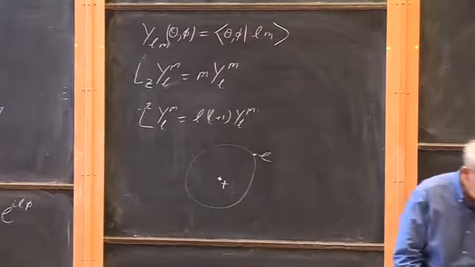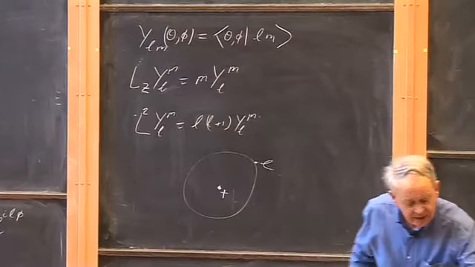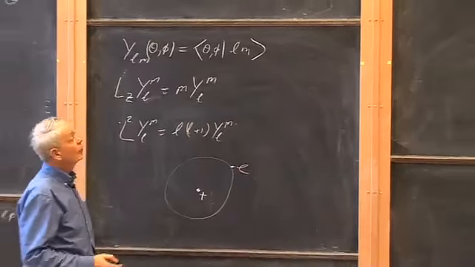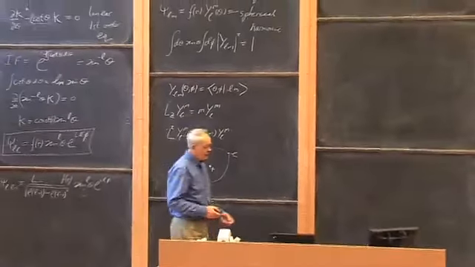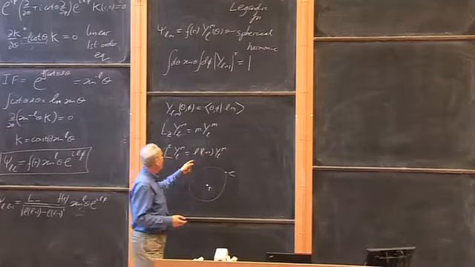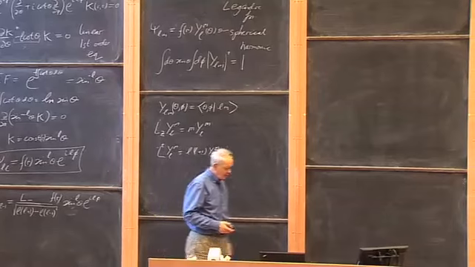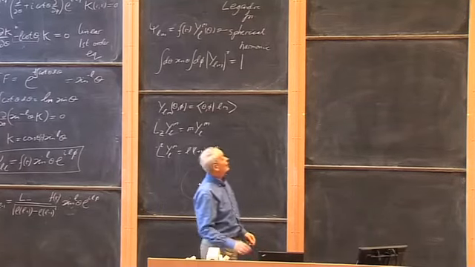What can we understand about these mathematical functions Y_LM in terms of what we understand intuitively about how an electron should go in an orbit around its nucleus? So the place to start is when L is large, because when L is large we're approaching the classical regime for which we have some grip.